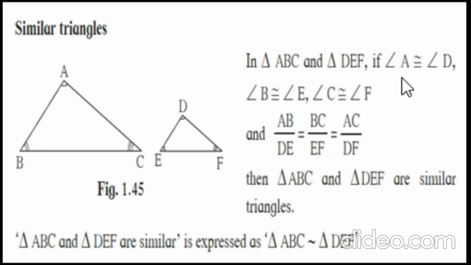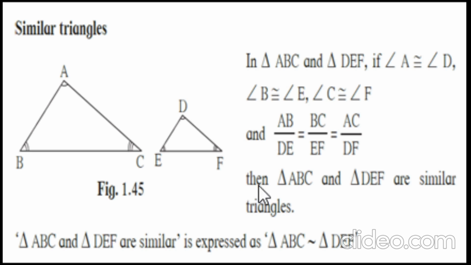Angle A is congruent to angle D, angle B is congruent to angle E, and angle C is congruent to angle F. And similarly, we have the ratios of their sides: AB upon DE is equal to BC upon EF is equal to AC upon DF.